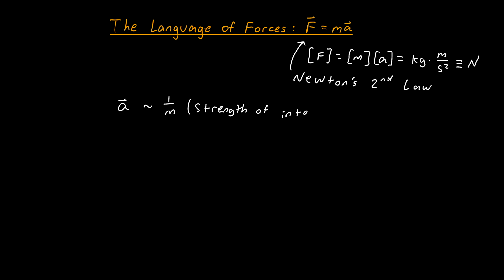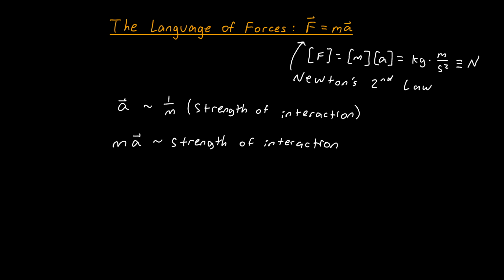And this was true for the electrostatic interaction that we talked about, right? So there the acceleration was 1 over m times kqq over r squared. And it's also true more generally, again, as I mentioned, for anything but gravity. And so when we define this force quantity to be the mass of our system times its acceleration, what that means is that ma, this product, will basically represent the strength of whatever interaction is occurring.